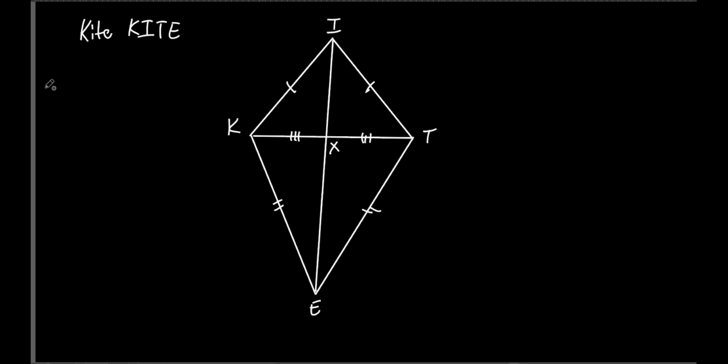So let's see what they give us. Again, this is all given. That's how they say this in geometry. When they tell you what's equal to stuff on this picture, they say this is all the stuff that's given to you. So they tell you that angle XKE, let's make that a K first, then an E, is 55 degrees.